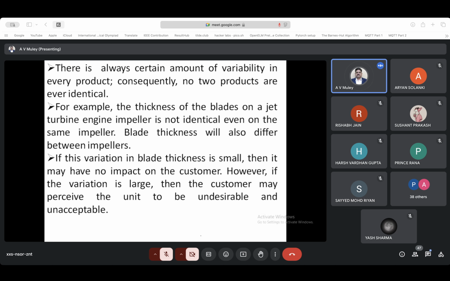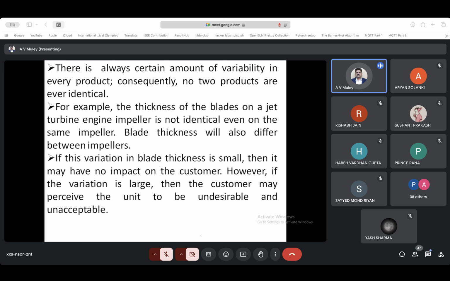So there is always a certain amount of variability in every product. I told you, even if you go for a sophisticated machine, like a CNC machine, no two products are identical. For example, the thickness of the blade on the jet turbine engine impeller is not identical even on the same impeller.